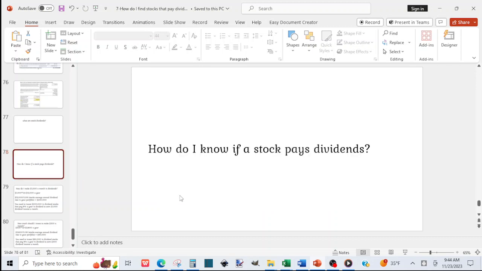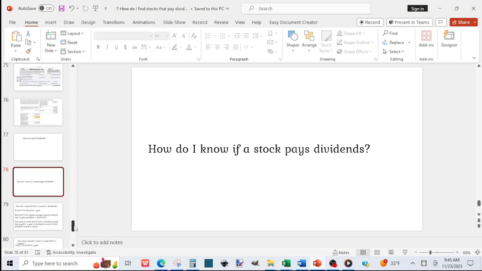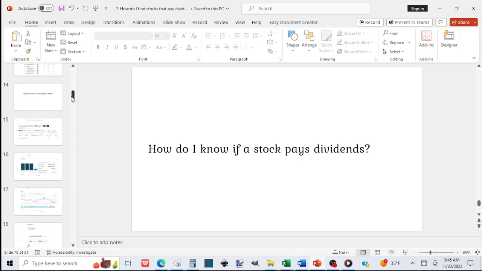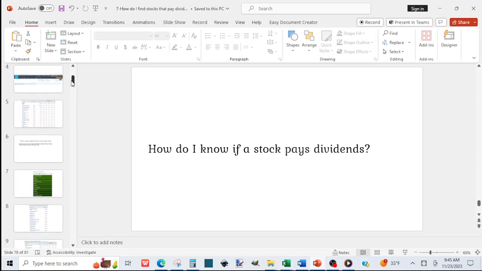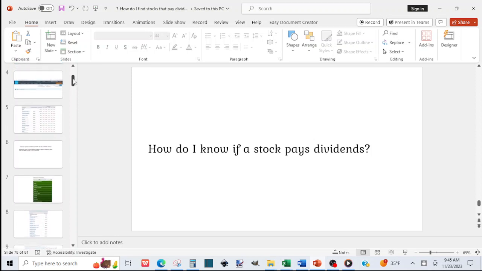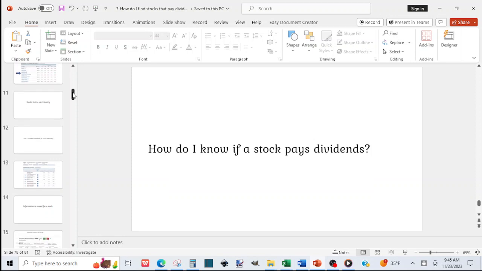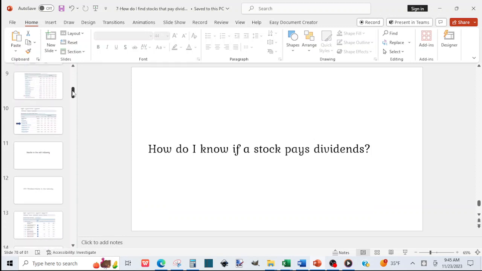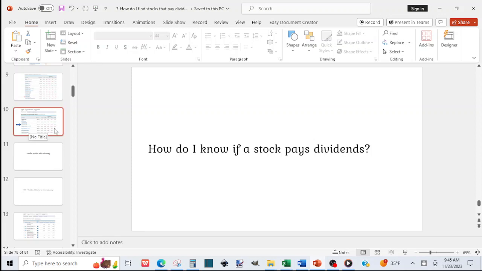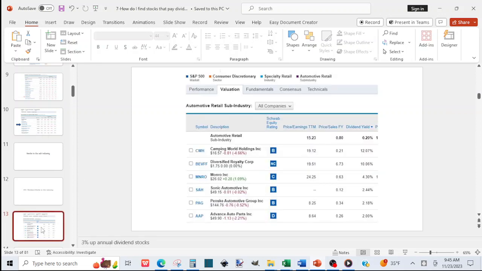So how do I know if a stock pays dividend? Like we did before, when we visited the company, when you search a company, you can use Google as well, but if you have a Charles Schwab account, you must just do that inside the Charles Schwab account.